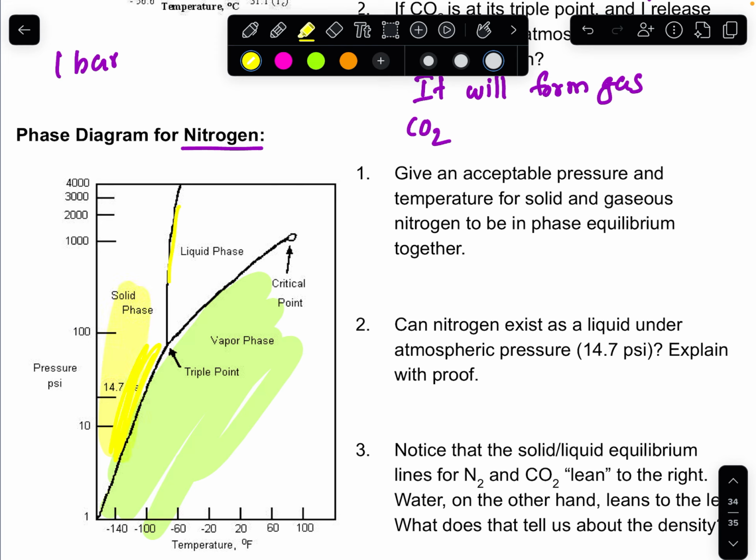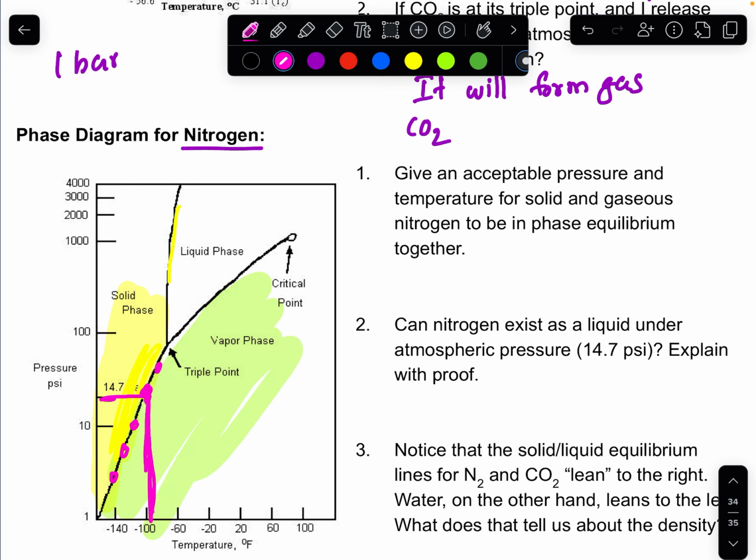So any value between these lines, just pick any value. So I would say, if it is 14 psi, the temperature will be what?